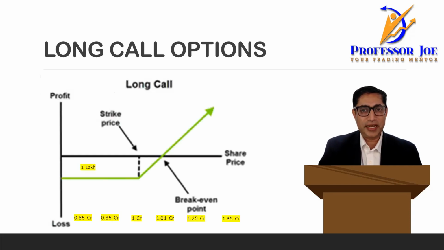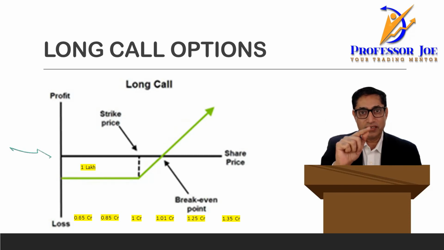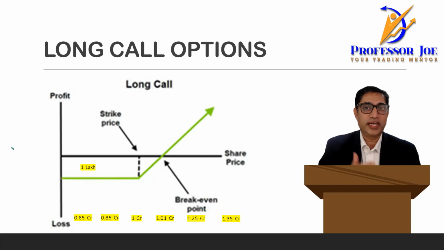Now, this is a diagrammatic representation. Basically, there are 2 lines in this. One is the vertical line that is called the profit and loss line. As the curve goes up, your profit is going up, and as the curve comes down, you are in a loss. The middle line is called the zero line, and the other axis is the price line. In the profit and loss vertical line, once the curve is above the zero line, then the option is said to be in profit.